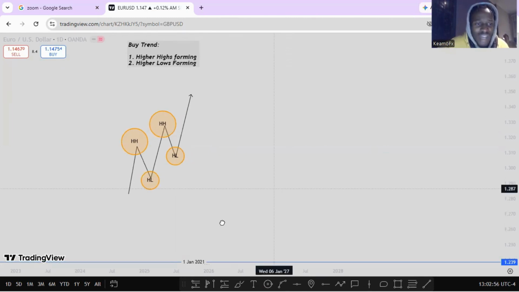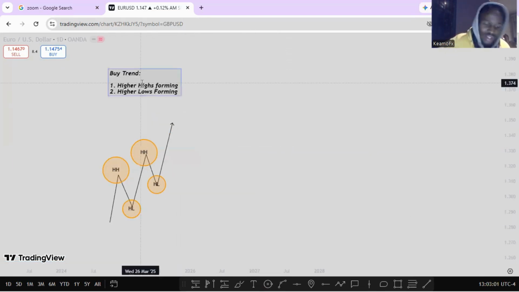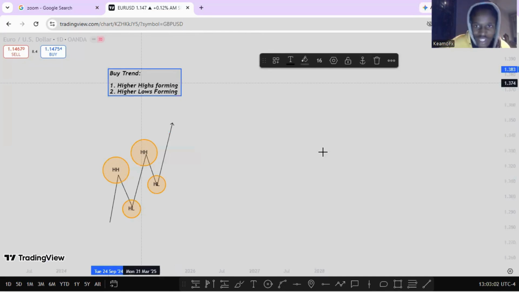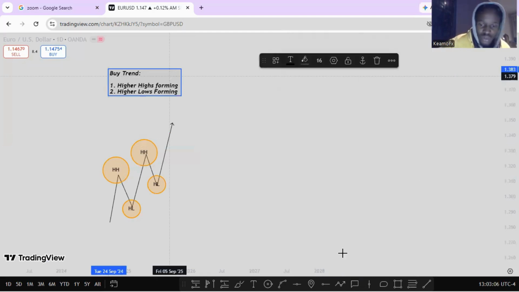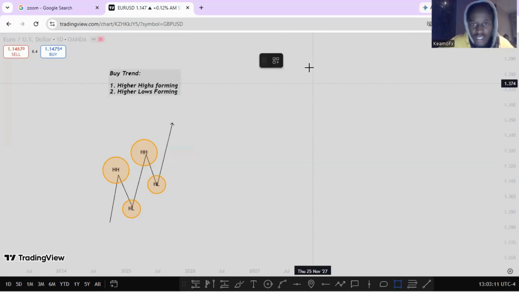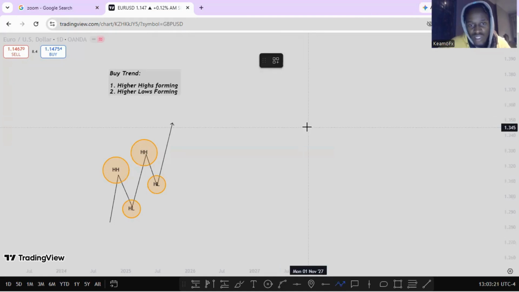How would our sell trend look like? Well, that's easy. We just need to do the opposite of the buy trend, right? And I'm about to draft that up for you. In a sell trend, the market needs to move something like this.